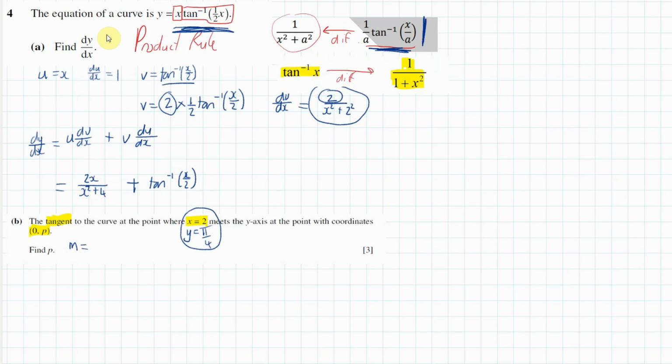And to find m, of my line, I plug my x is 2 value into the differentiated, or the gradient function. So this will be 4 over 2 squared plus 4, which is 4 over 8, plus inverse tan of 2 over 2, which is 1, and that gives me 1/2 and plus pi over 4.